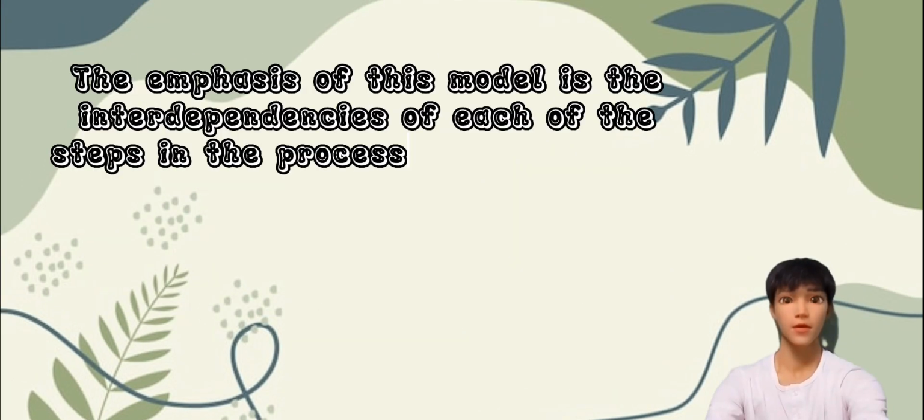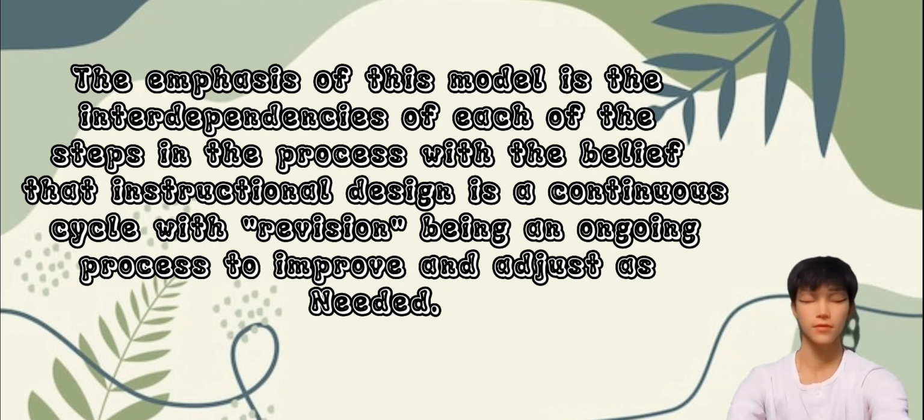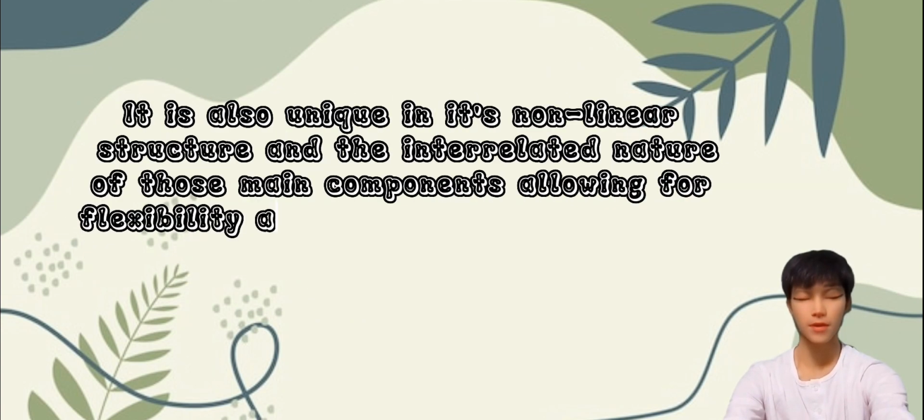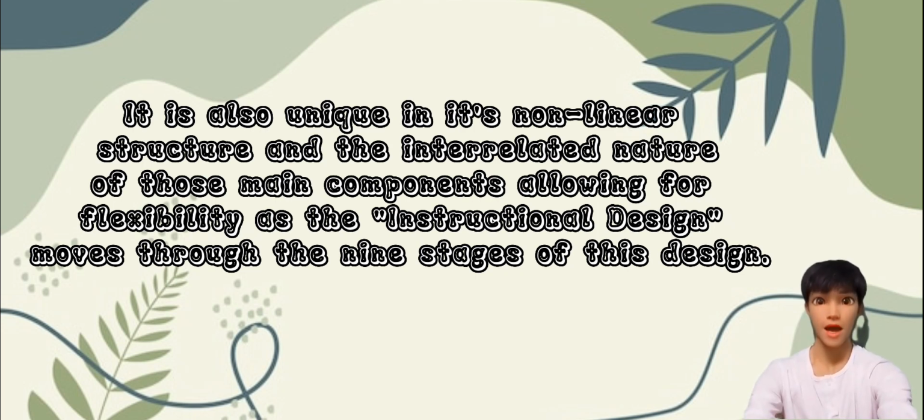The emphasis of this model is the interdependencies of each of the steps in the process, with the belief that instructional design is a continuous cycle with revision, being an ongoing process to improve and adjust as needed. It is also unique in its non-linear structure and the interrelated nature of those main components, allowing for flexibility as the instructional design moves through the 9 stages of this design.